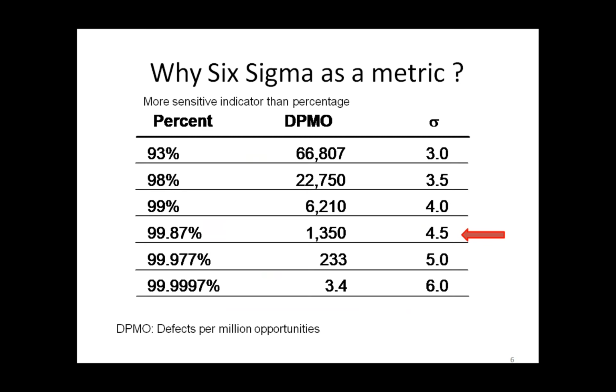So almost 11 times improvement needs to be made for a process to jump from 3 to 4 sigma. And if you look at 4 to 5 sigma, you will see that you need 26 times improvement to go from 4 to 5 sigma. So the journey becomes more and more difficult as we go higher up the sigma level.